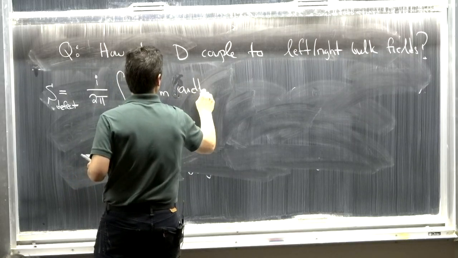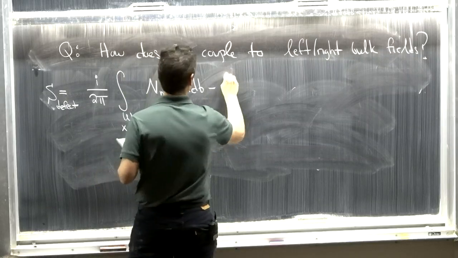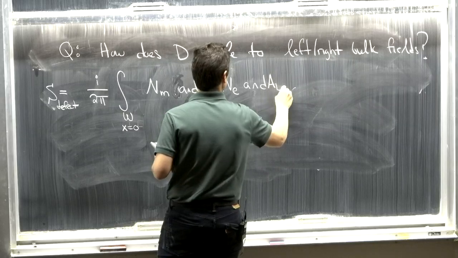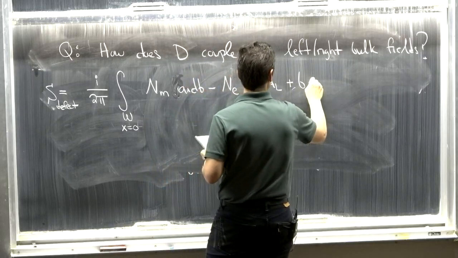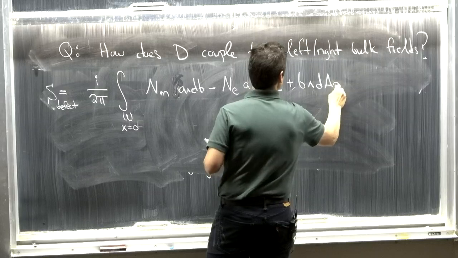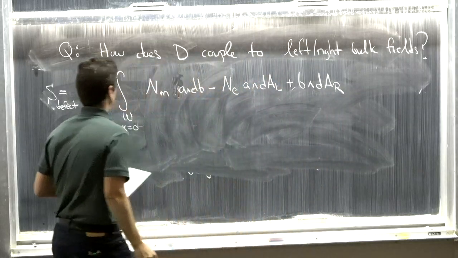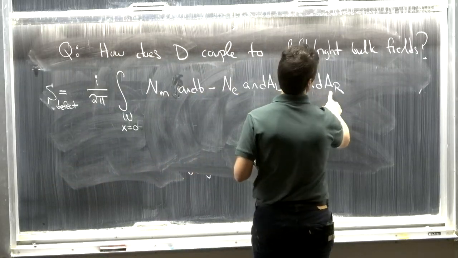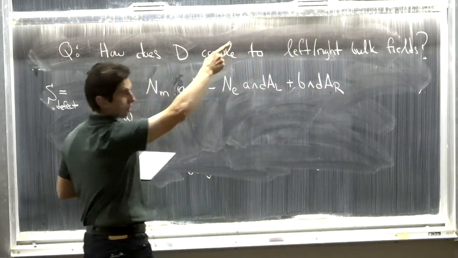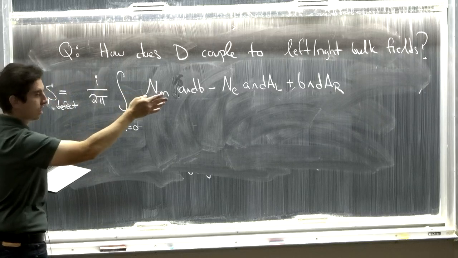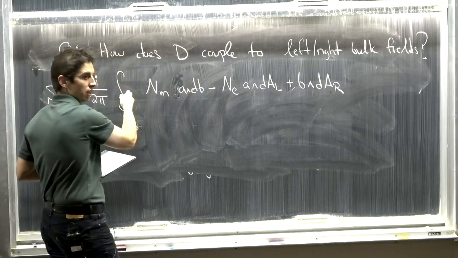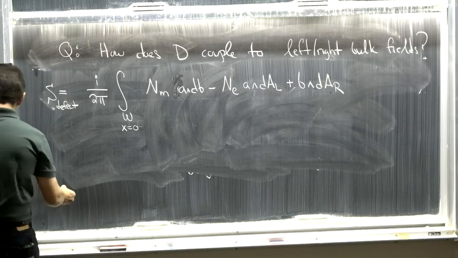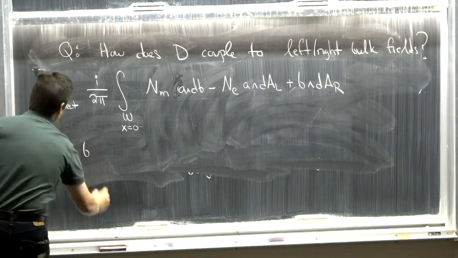Let me write them and then explain them. Let me even try to get the sign right. Okay, so what is this? So big A_L and big A_R, I already introduced to you. Those are the bulk fields on the left and the right, and we're just using however they restrict to x equals 0. The cheeky thing in this formula is that A and B, what are those?